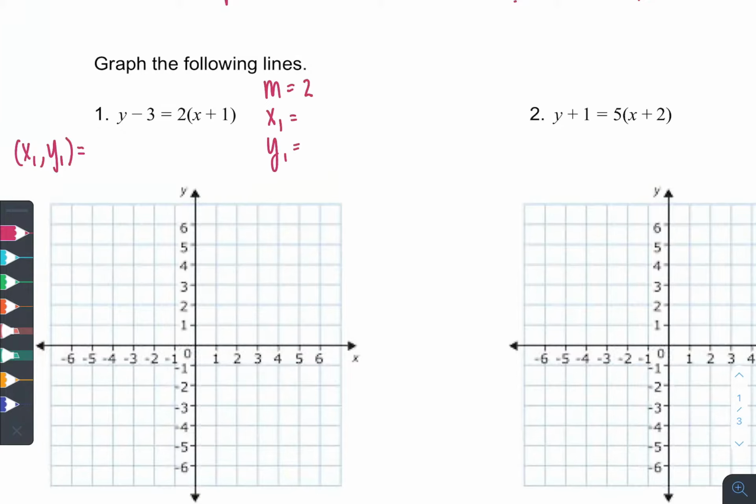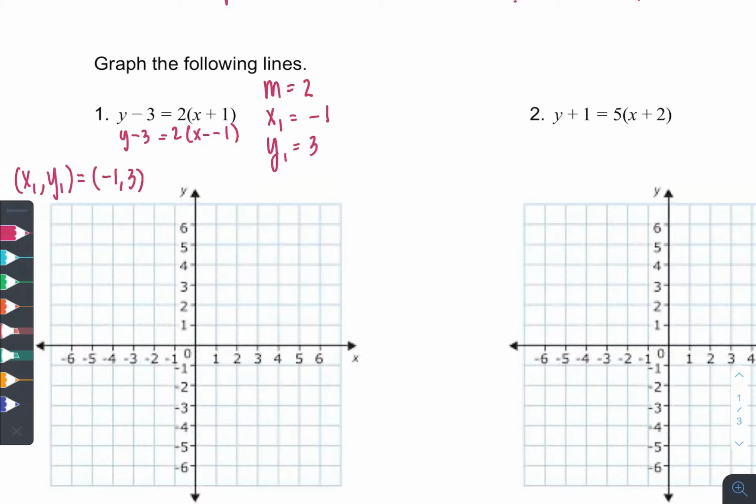M is equal to 2. x1 is equal to negative 1, because we can write this as x minus negative 1. y1 is equal to 3. So then x1, y1 is equal to negative 1, 3.